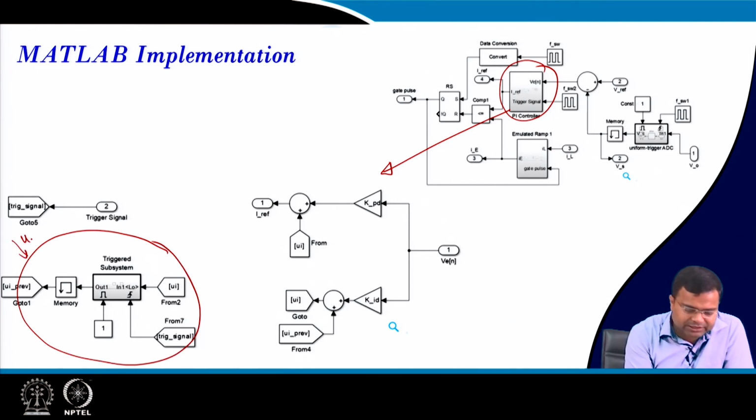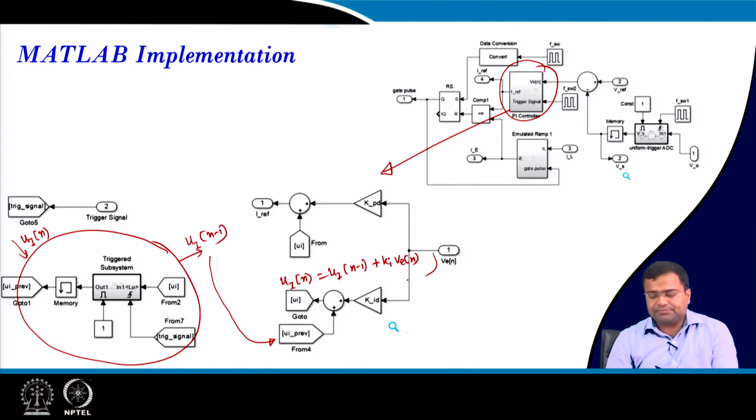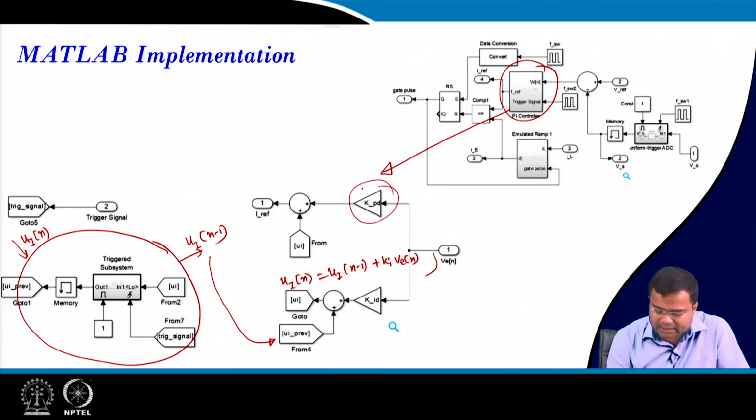If the input is ui of n, then the output will be ui of n minus 1, and that is actually added here, and then this ui of n is generated, which is ui of n minus 1 plus ki into Ven, and this is your Vn, and this is your proportional controller, and this output actually goes here by this block, and this is the overall PI controller output.